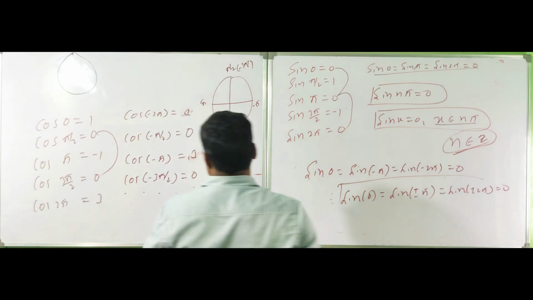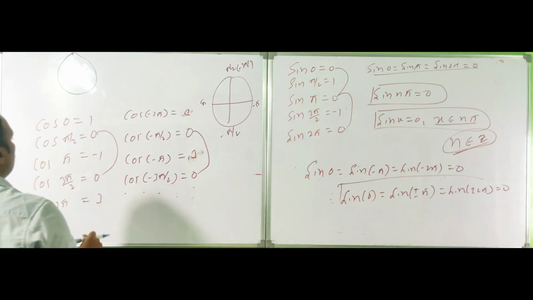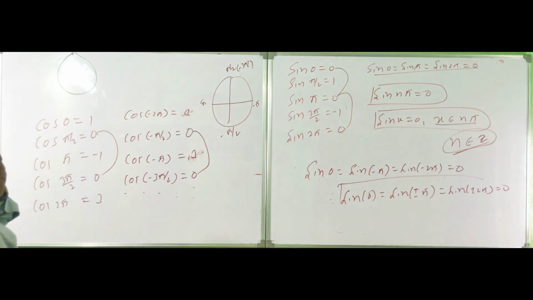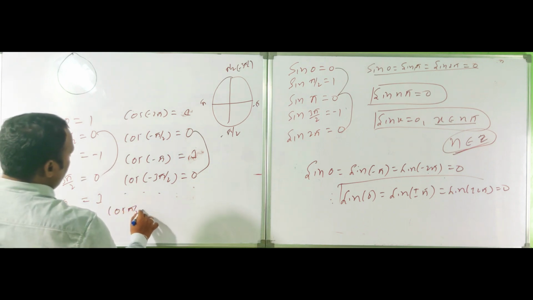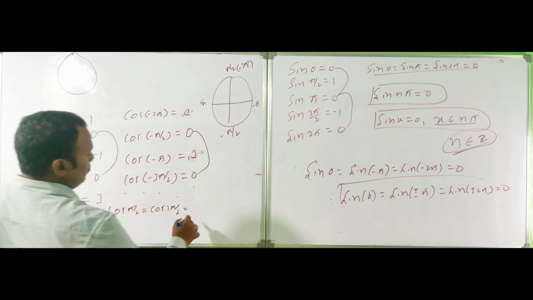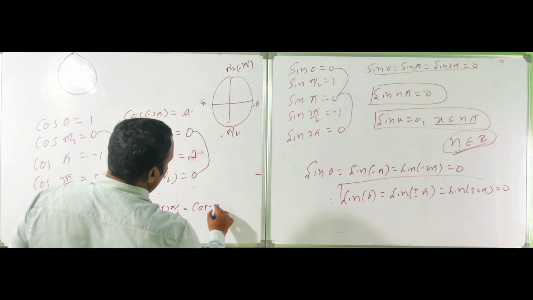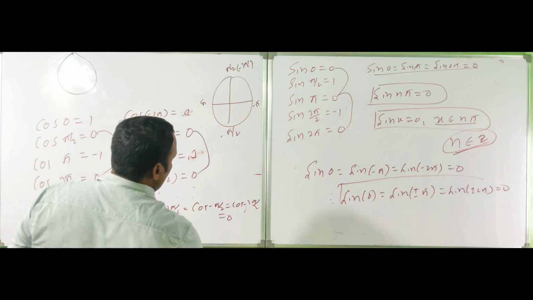See, consider our values at odd numbers. Cos pi by 2 is equal to cos 3 pi by 2, which is equal to cos minus pi by 2 is equal to cos minus 3 pi by 2 is equal to 0.